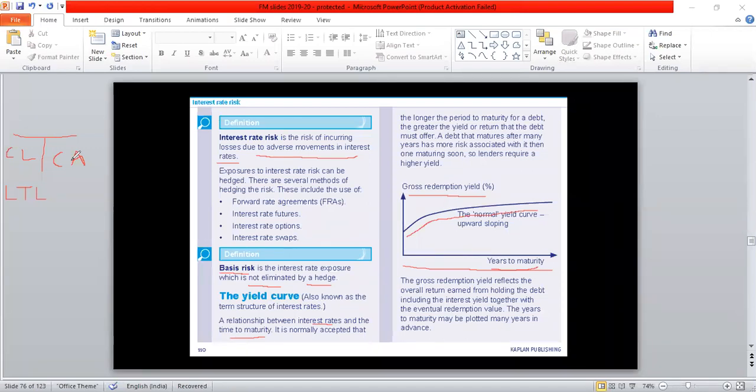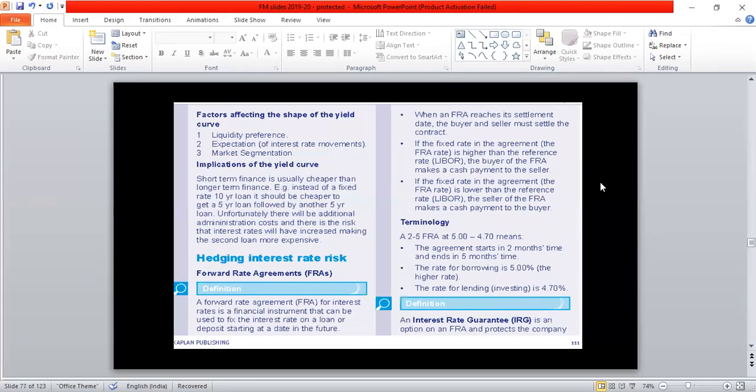You know this concept because we've discussed it when we were discussing working capital management. The gross redemption yield reflects the overall return earned from holding the debt, including the interest yield together with the eventual redemption value. As the number of years keeps increasing, we see that higher return can be anticipated.